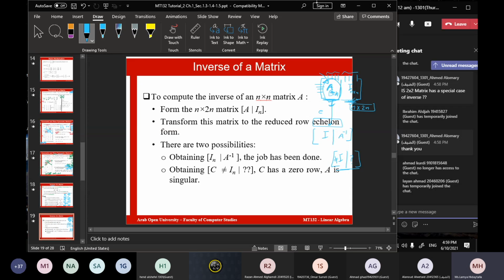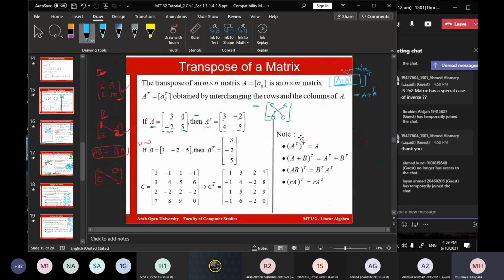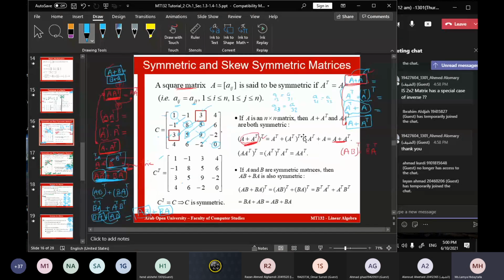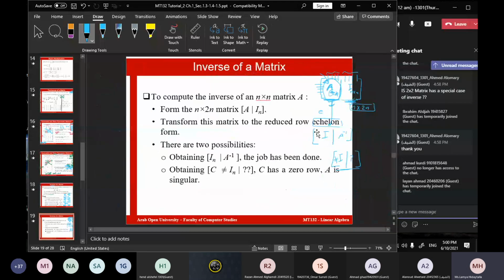It will have an inverse if what? If when we reduce it to the echelon form, we get the identity here. Does the echelon form always look like that identity? No. Right, we saw before, not in this chapter, in the previous chapter, there are forms that don't necessarily have 1 on the diagonal while the other elements are zeros.